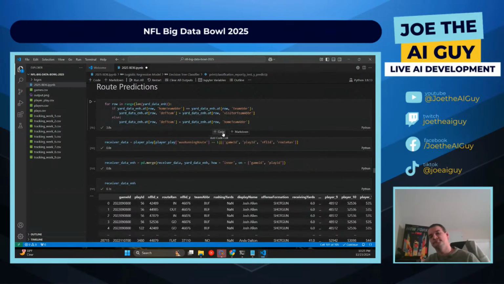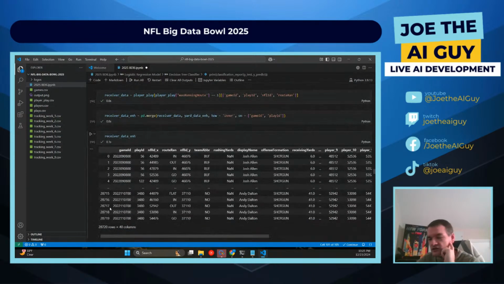Okay. Like I said, here we have a far bigger data set because there are more route combinations on a given play. The goal here is that we want to be able to predict the routes for receivers on a given play.